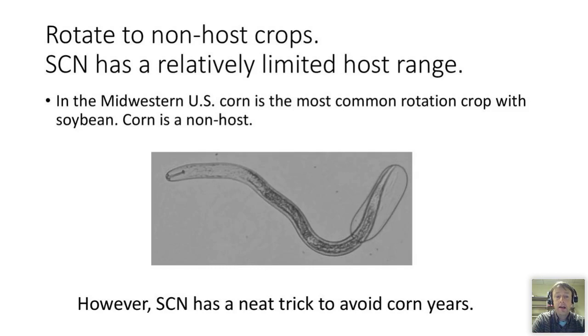The reason is that, as we've talked about so far, SCN can survive as an egg, and it can actually sense when it's in the soil if soybean has been planted or if corn has been planted. In years where corn is being planted, it tends not to hatch as much, and they'll just hunker down in that egg stage and can remain around for another soybean year. So while corn is important for limiting the increase in the population, it's not going to totally eliminate an SCN problem.